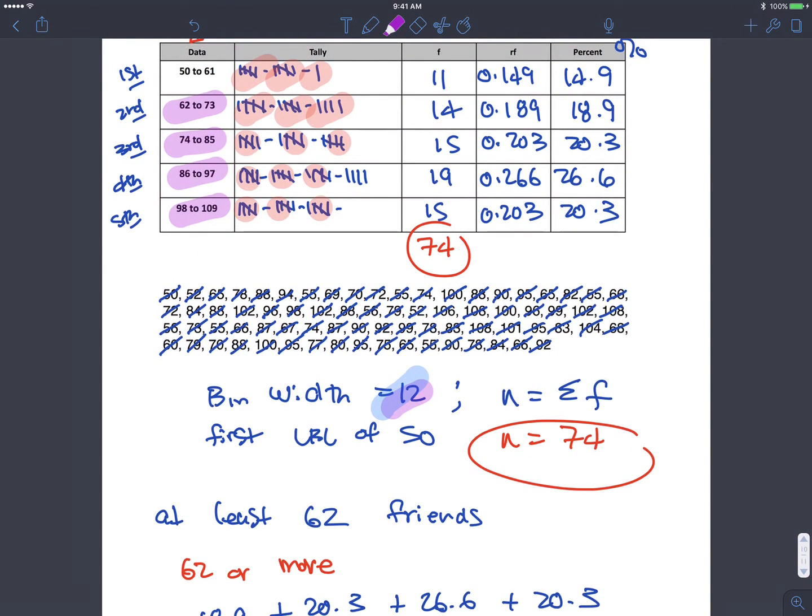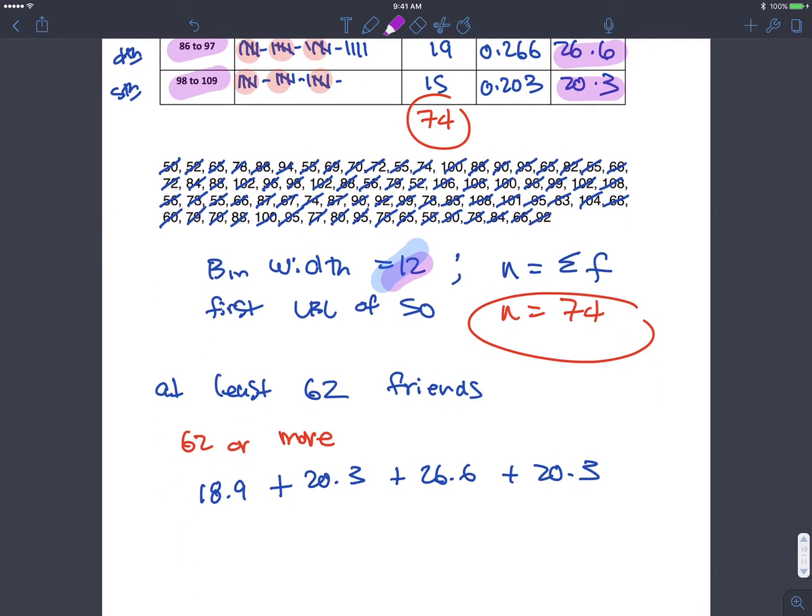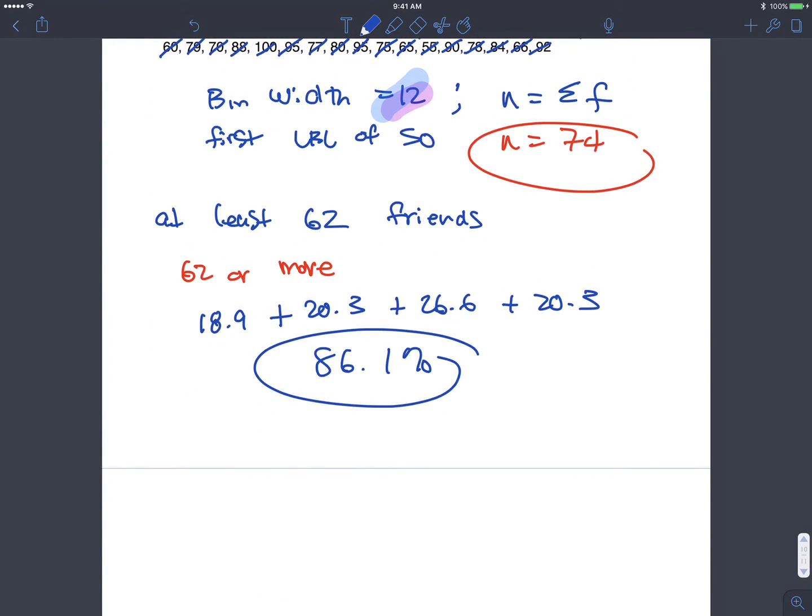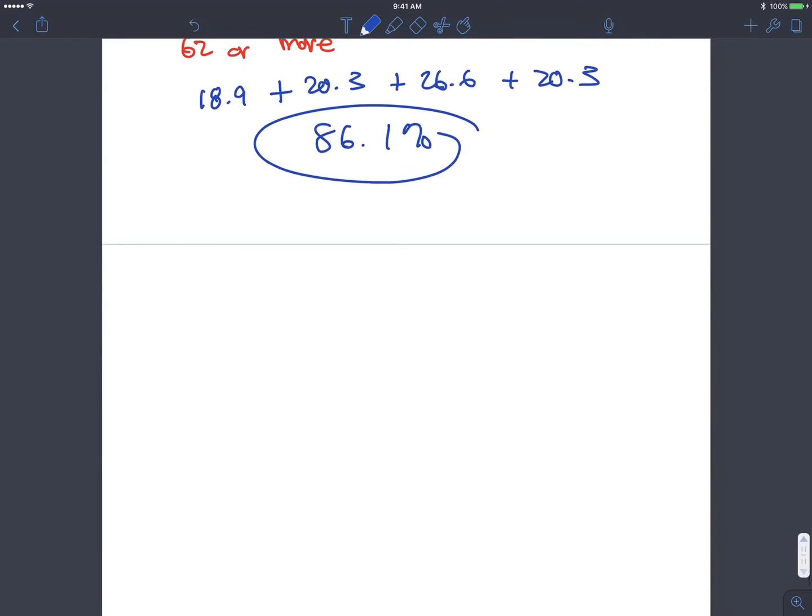If we add the associated percentages, we end up with 86.1%. So 86.1% of the sample has at least 62 friends on Facebook.